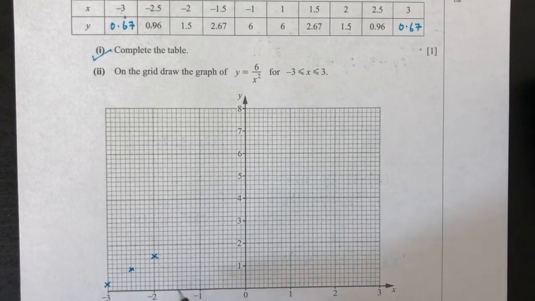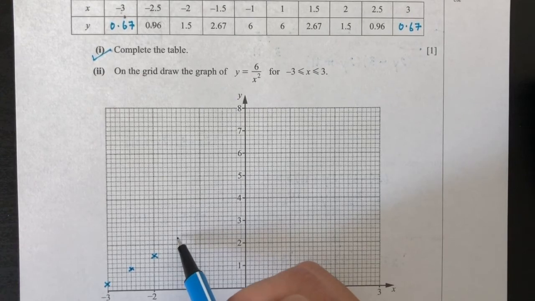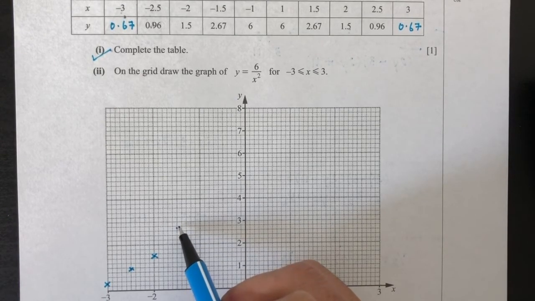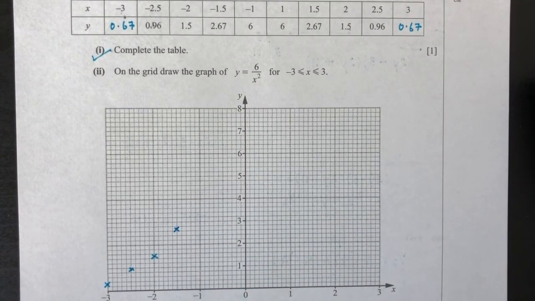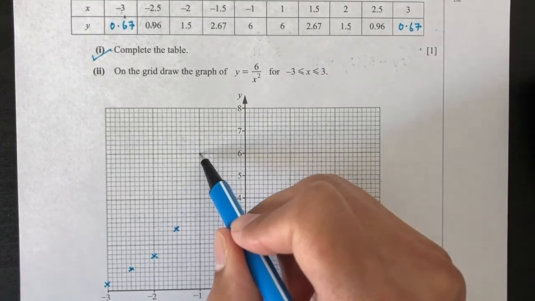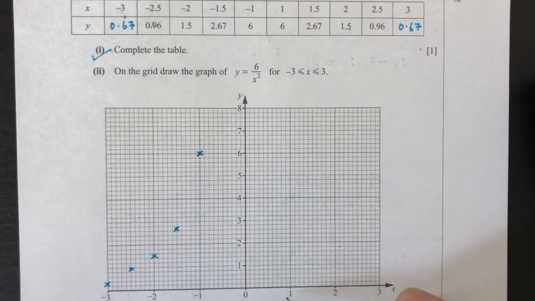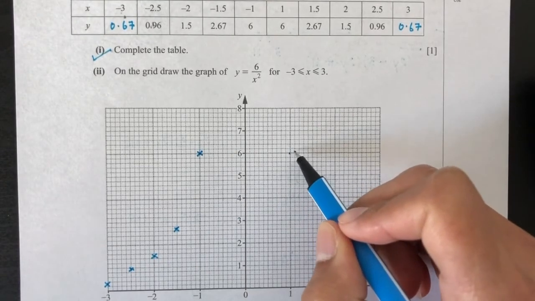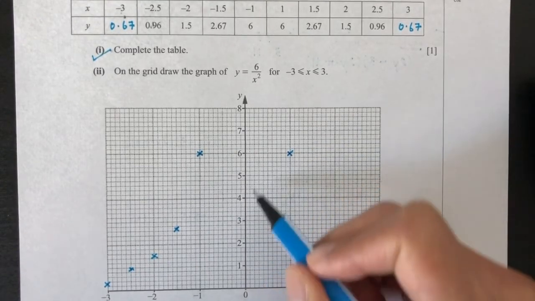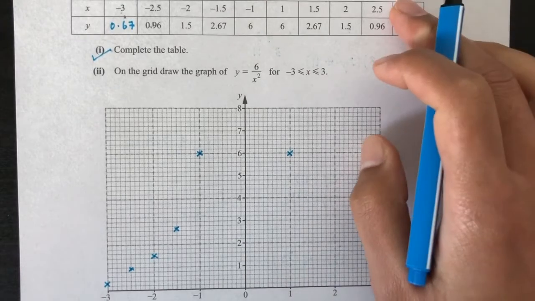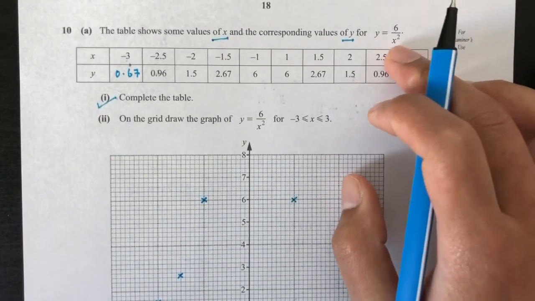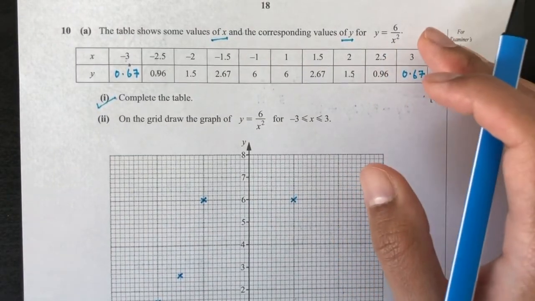Then minus 1.5 will be 2.67, about here. And then we have minus 1, 6, and 1 will be 6. So what is the value for 0? We cannot divide by 0, so it's not possible. We don't have this value.